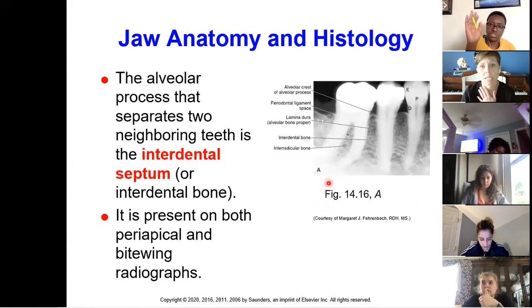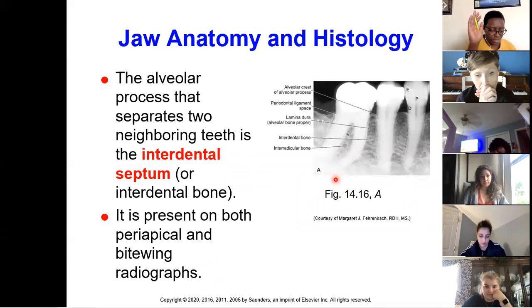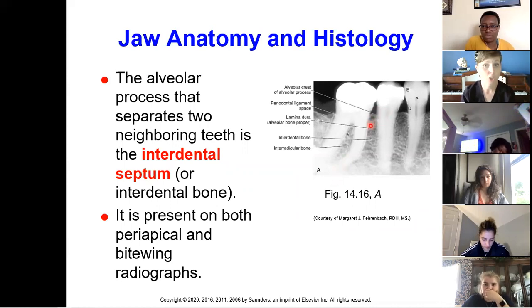So, question, please. Yes, go ahead. Is the crest we are seeing right here part of the cortical bone or of the trabecular? Trabecular bone. So this is all trabecular and this is the alveolar crest.